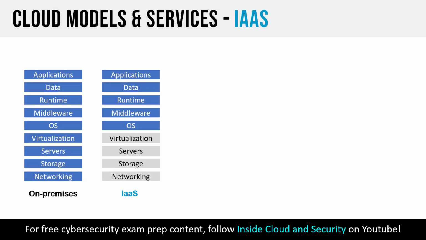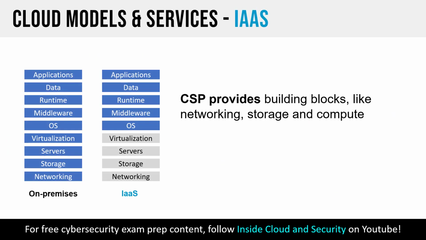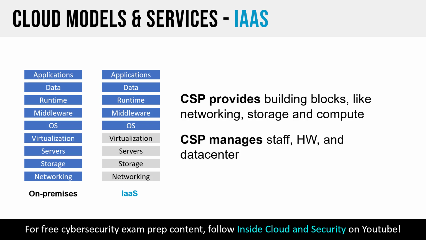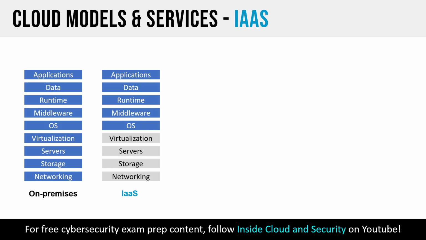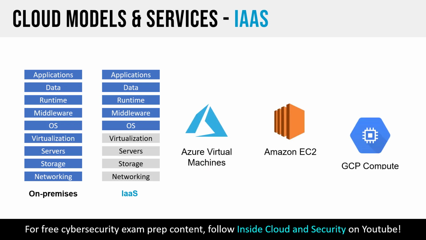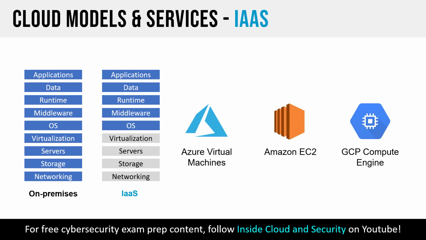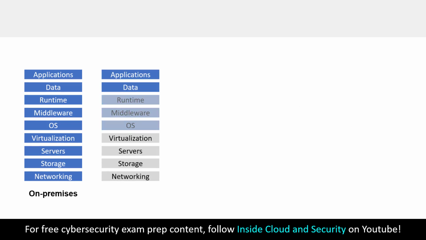So let's just look at some examples here. For IaaS, the CSP provides the building blocks like networking, storage, and compute. The CSP manages the staff, the hardware, and the data center. Some examples here would be Azure Virtual Machines, Amazon EC2, and Google Cloud Platform Compute Engine. These are all really virtual machine solutions branded by those CSPs.